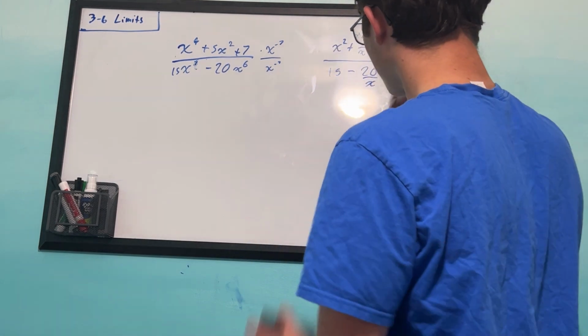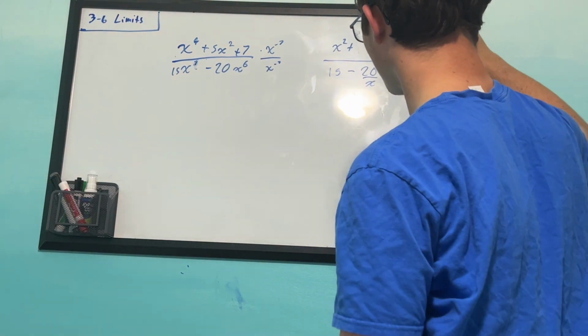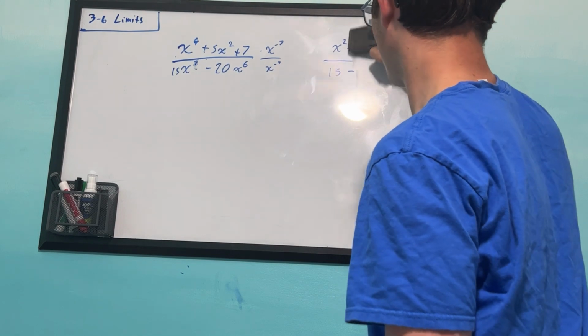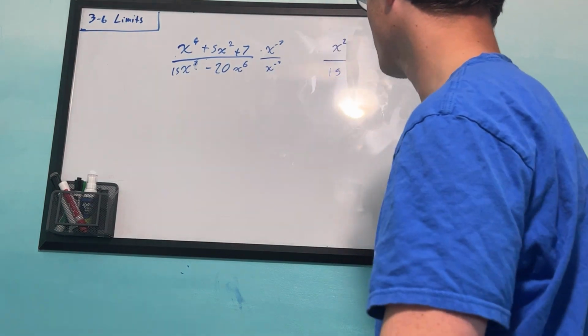This will tend to 0, so we get rid of it. This will tend to 0, so we get rid of it. You're just left with x squared over 15.